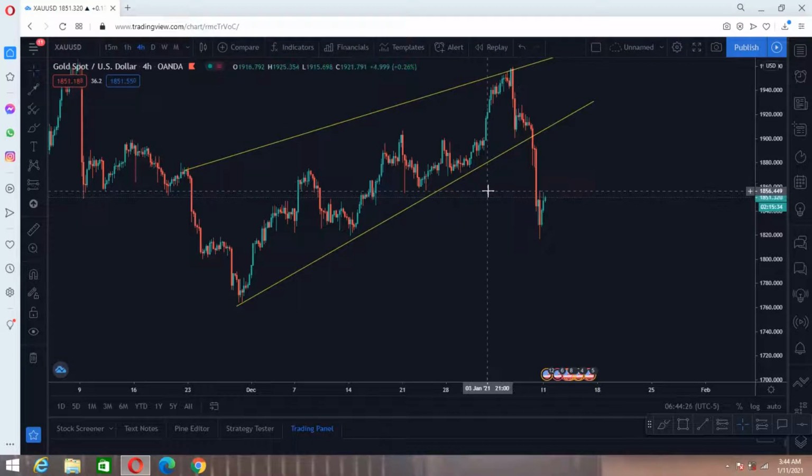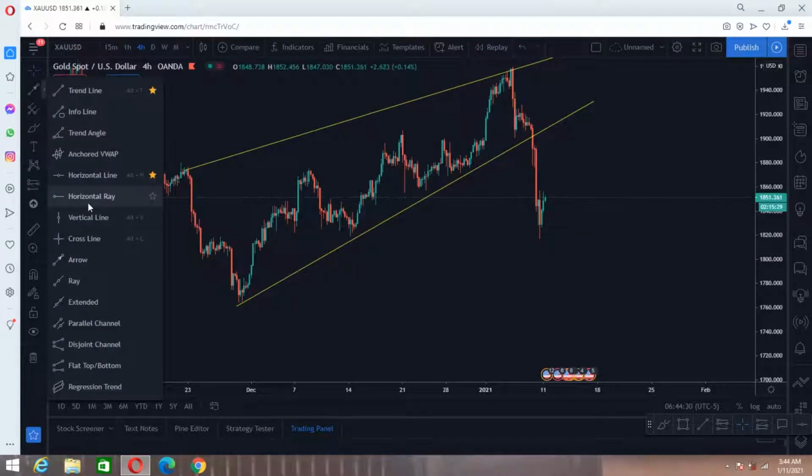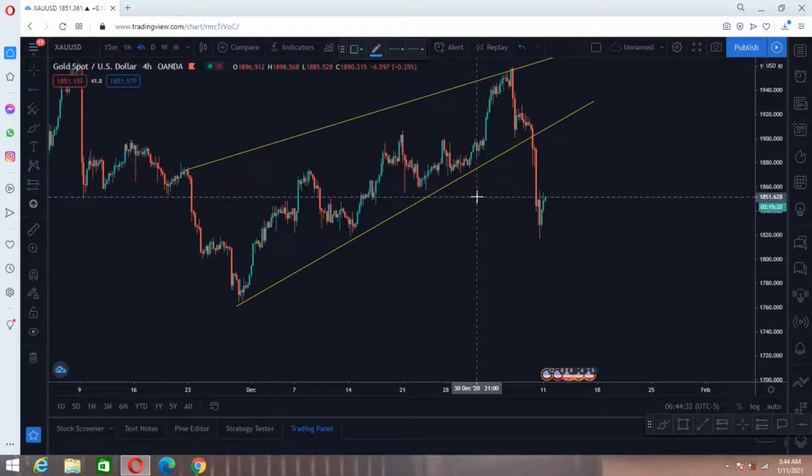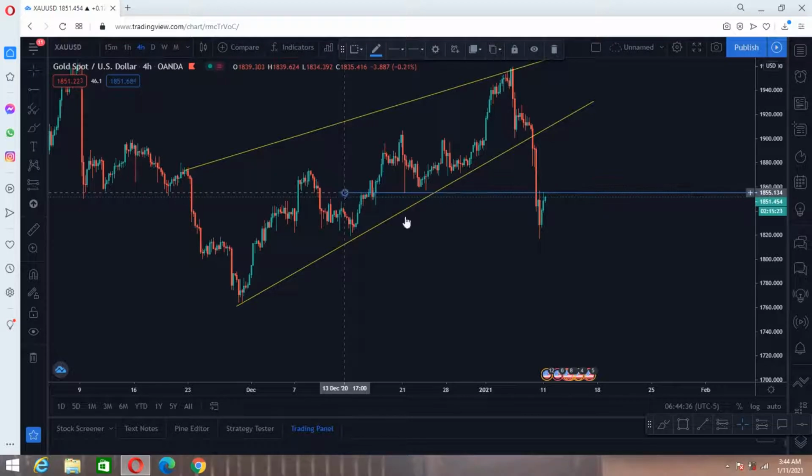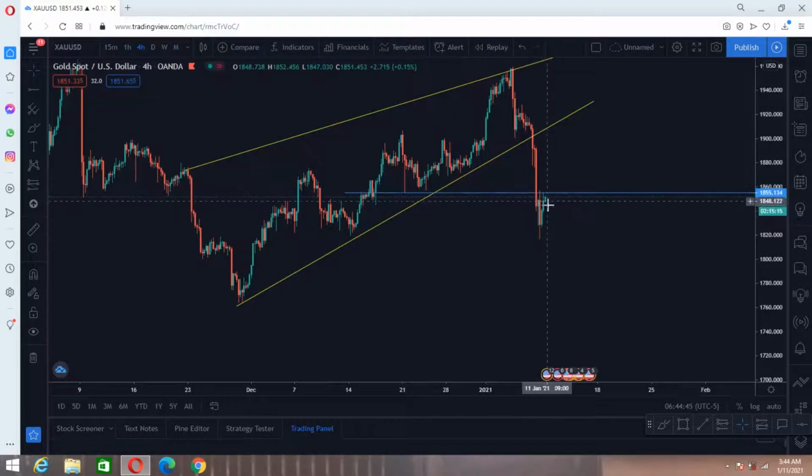Let me just show you. I was thinking that it's still going to the upside, but we'll see what it does. But as you can see here, this is a strong zone. See, it rejected. Now it broke, came for a retest. Now then we're going to the downside.